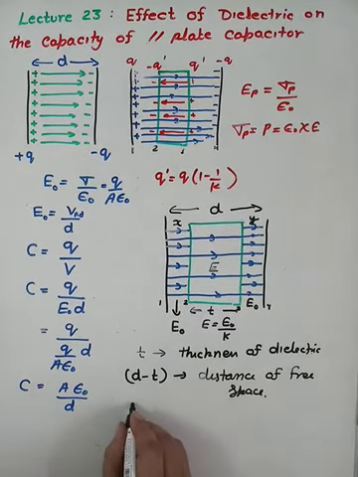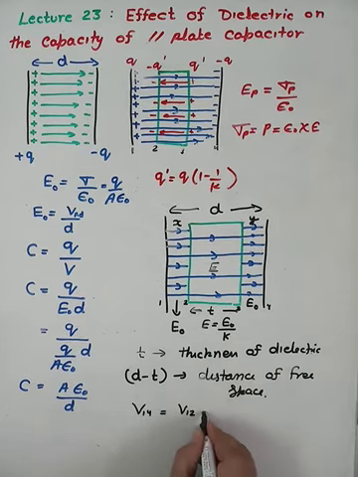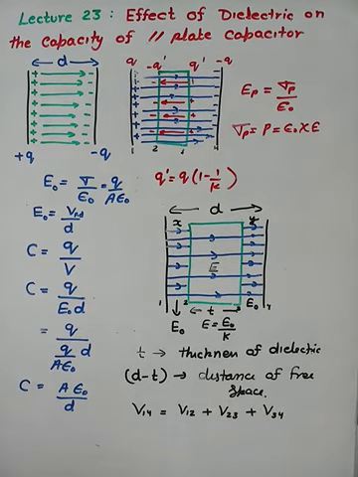The total potential difference between 1 and 4 is the potential difference between 1 and 2, plus between 2 and 3, plus between 3 and 4. We simply write it as V, the total potential difference.